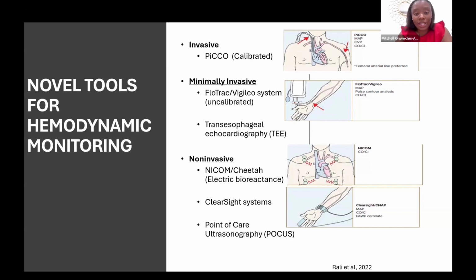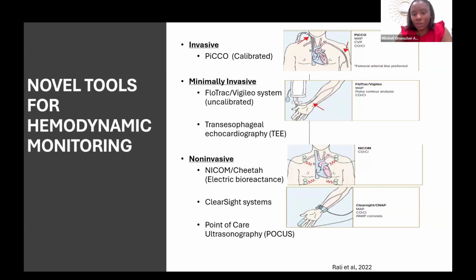So an invasive one is PICO. It requires you to place a central line in your cavo-atrial junction, so between your right atrium and your SVC. And it also requires an arterial line, and the recommendation is a femoral artery line. And there's minimally invasive FloTrac Vigileo, which just requires an arterial line.